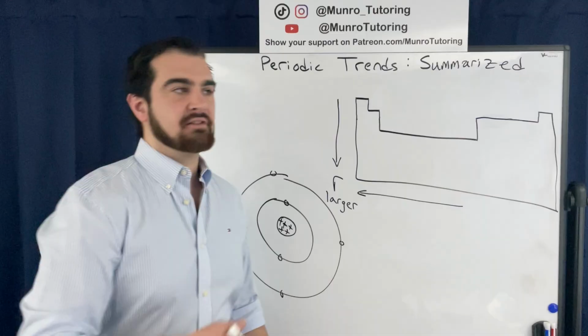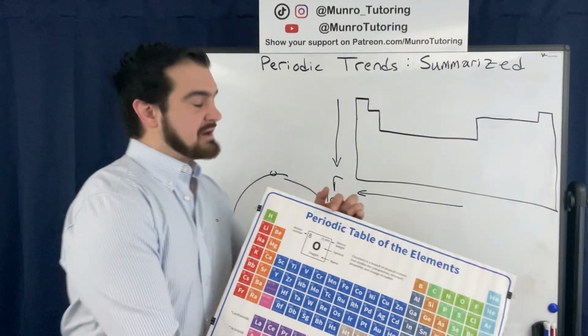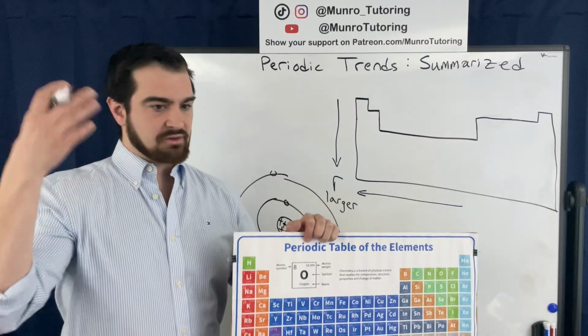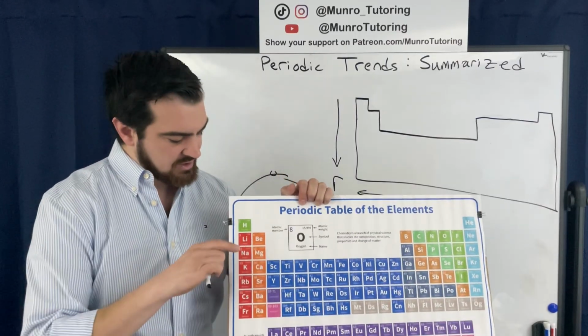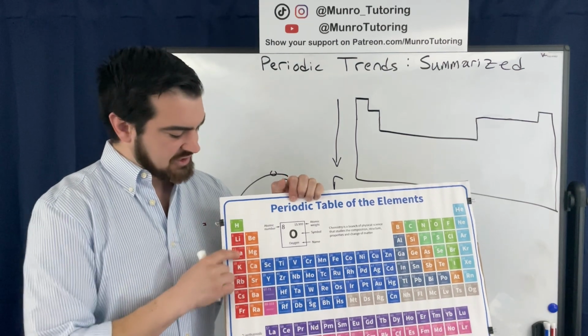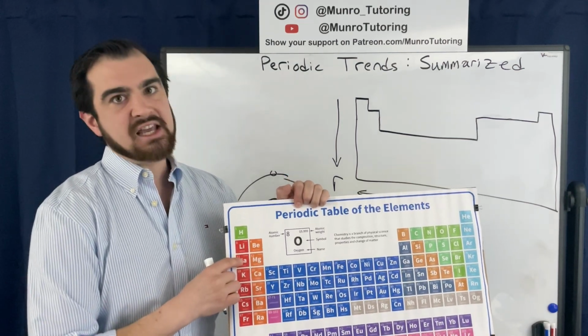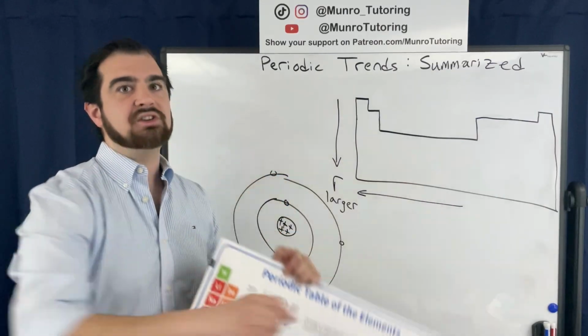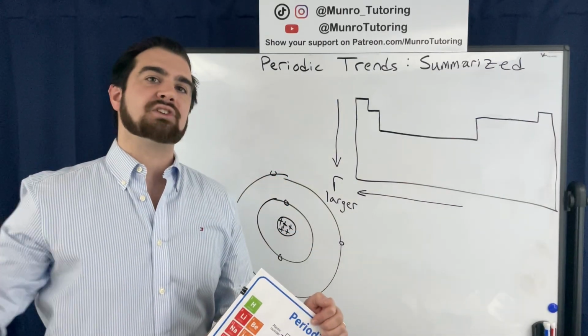Ionic radius, I'm going to run through this really quickly. Knowing electron configurations is really going to help, so if you check out my video on that, this will all make a lot of sense. But let's say that we are sodium right now. We are in shell 3. We have 1 electron in shell 3. If we take away that 1 electron, we now have the electron configuration of neon. So we just wiped out our outermost shell, the valence shell.